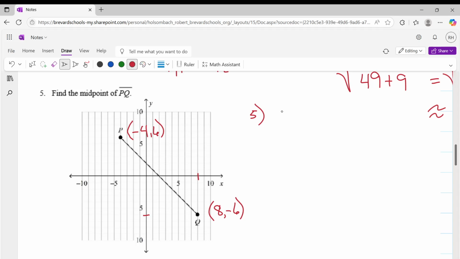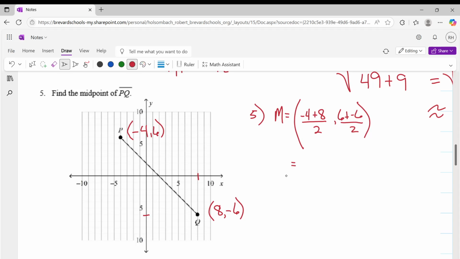So we're going to take the midpoint of PQ, let's call it the middle, at -4 plus 8 divided by 2, 6 plus -6, and we're going to divide that by 2.